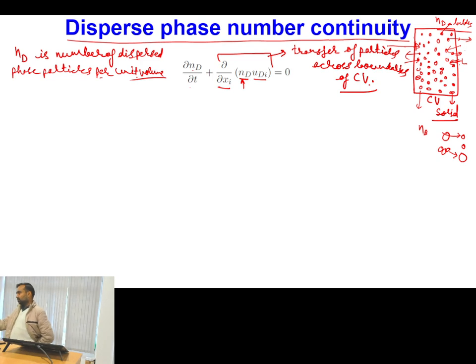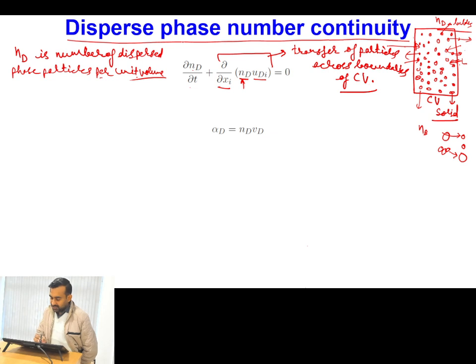In this room, earlier we were around 13 people. Now 3 people have moved across the boundary, so whatever change there is in the number, that is what we are trying to find. So this is my dispersed phase number continuity equation.